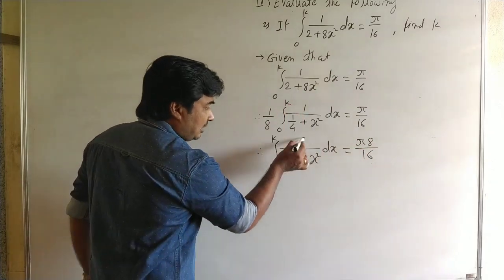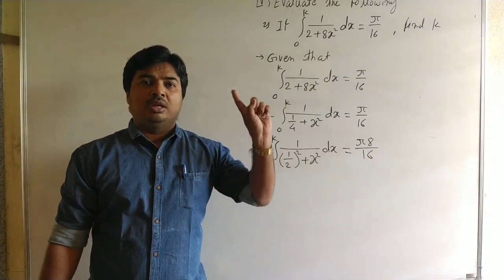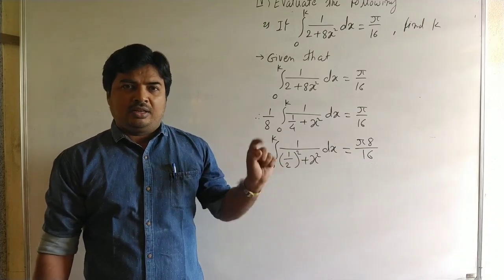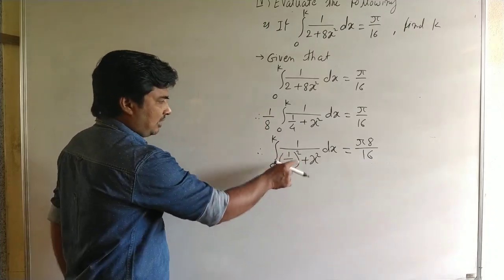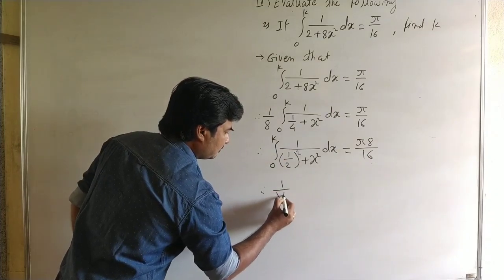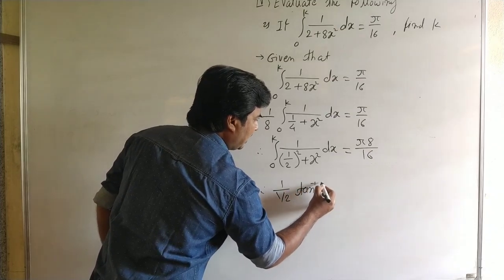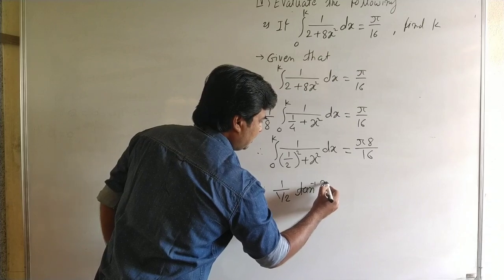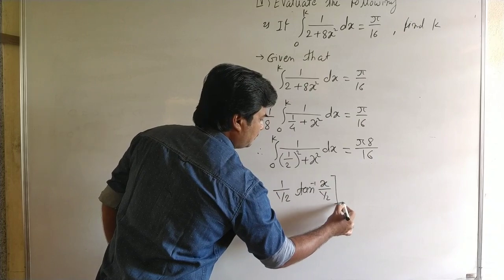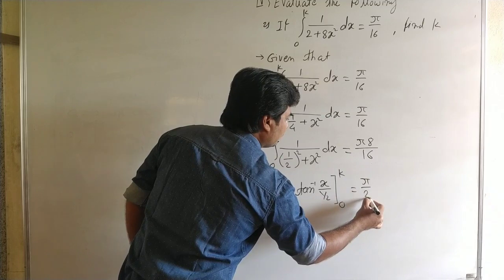Now here this integral is of the type of the indefinite integral 1 upon a square plus x square, and the integral is 1 by a tan inverse x by a. It is the integral of this. Therefore 1 by a tan inverse x by a, that is x upon 1 by 2, and here the limit is 0 to k and it is pi by 2.